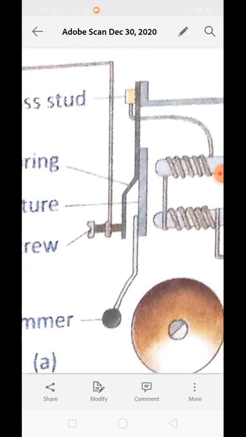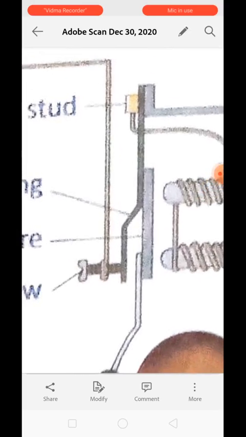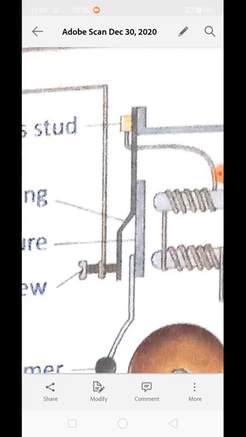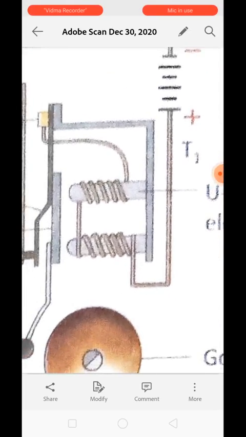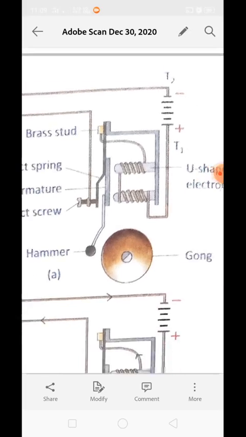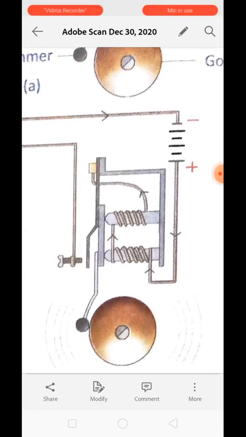Again see over here, the contact screw is making contact with the armature. So again the current will flow through the circuit, and again this U-shaped electromagnet will attract the armature, it will shift to this position and hit the gong, and again the contact will get broken.